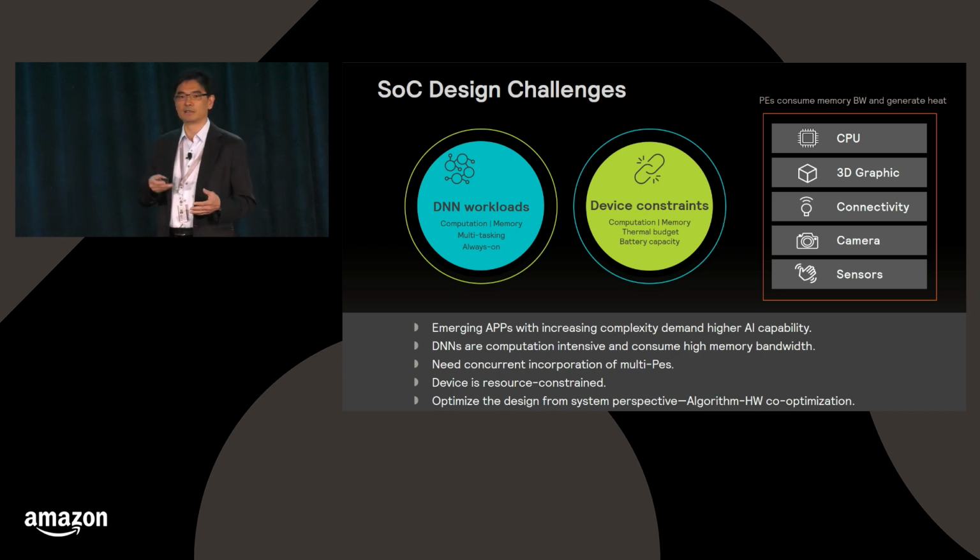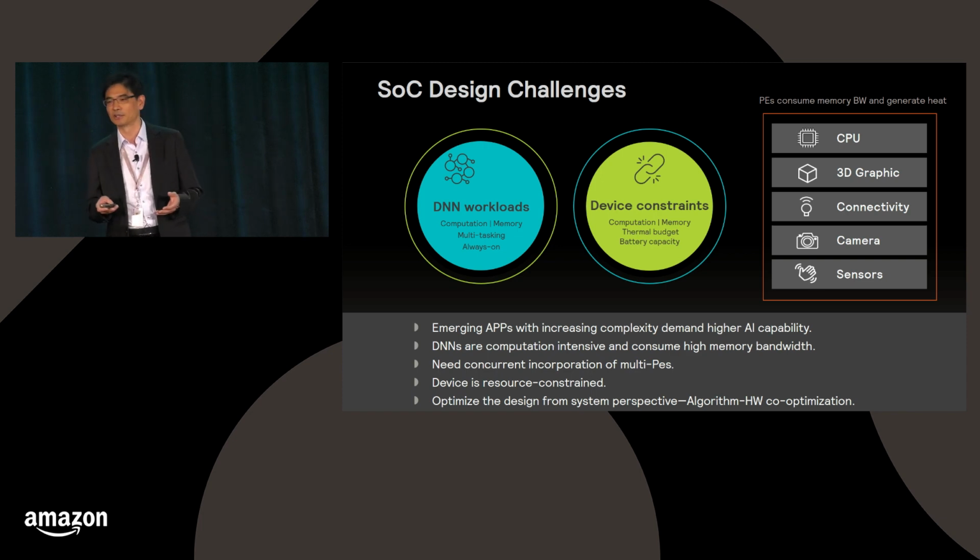Moreover, generally, to implement a function, it needs to have multiple networks running concurrently. For example, you need to detect the face, do the segmentation, and also do the depth estimation, and so on.